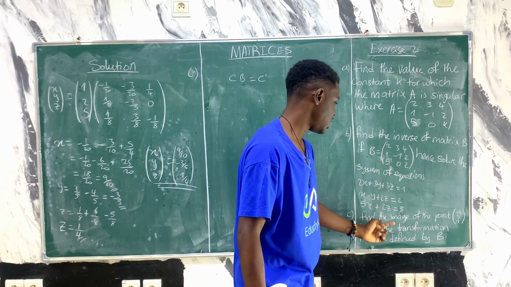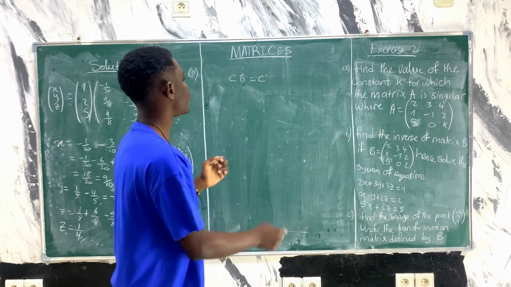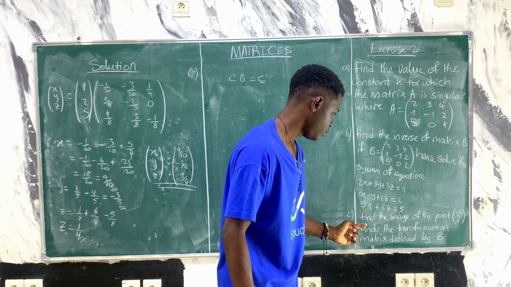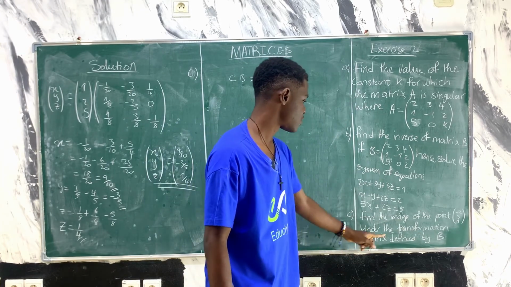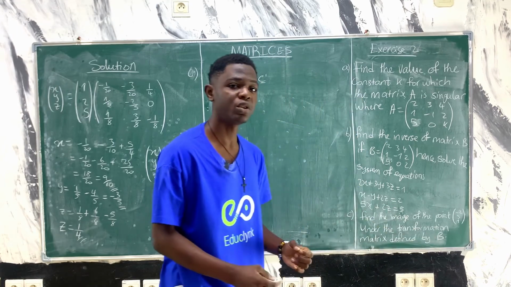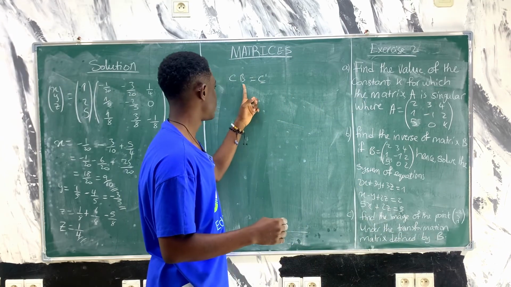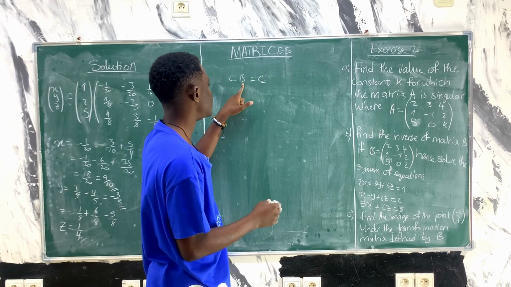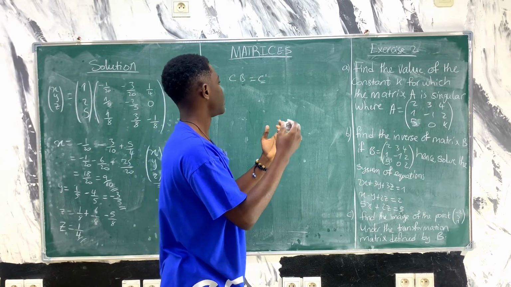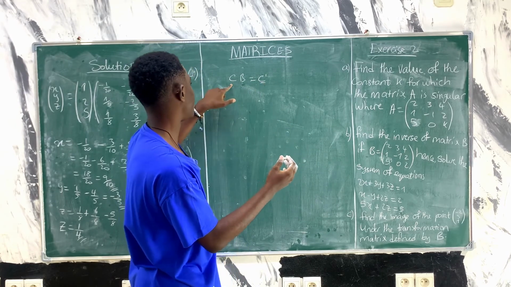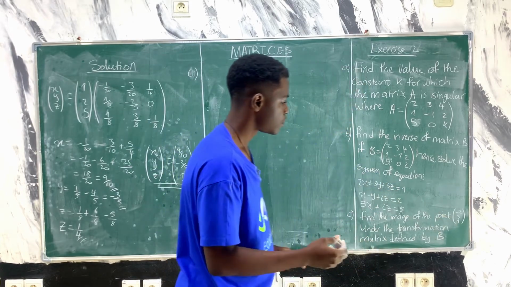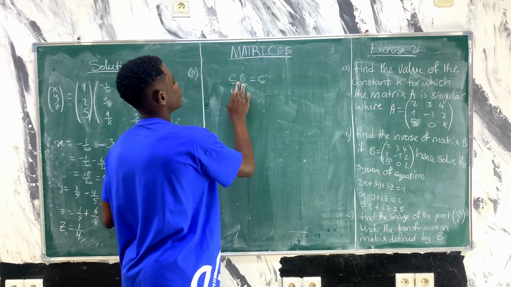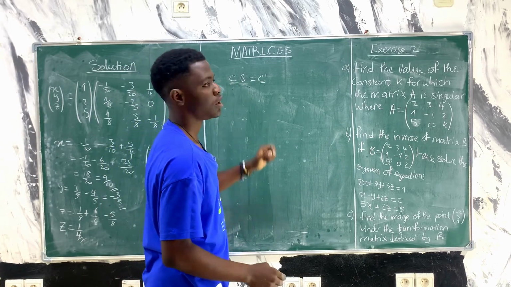So when they say find the image of the point, they're telling you that your mirror here is B. When you put the mirror B, it will give you the image of the point. So you had your mirror, you had your point, you should find that image. All you will do is just multiply these two, and you'll find the image.